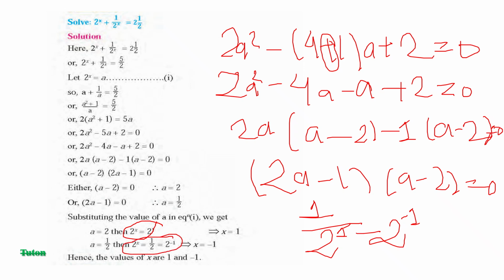And according to the law of indices, if the bases are similar, then the exponents of such an equation can be equated. Here we have it, the value for x is plus or minus 1, positive 1 and negative 1. In this way we can solve this equation, and we found the value for x.